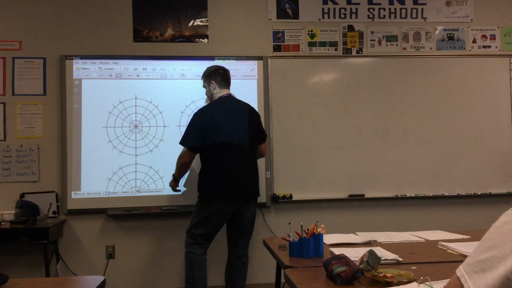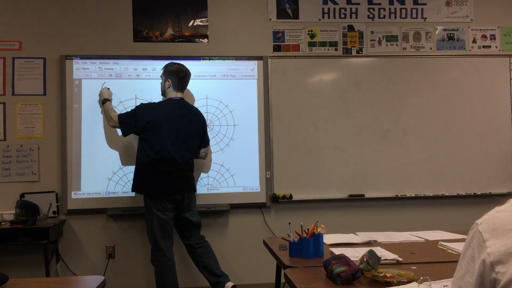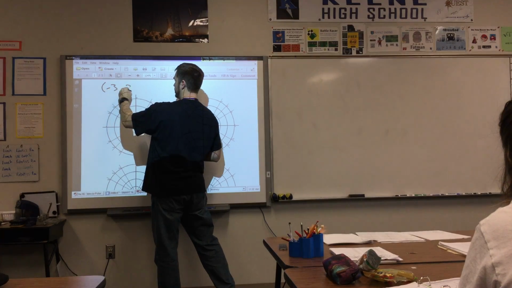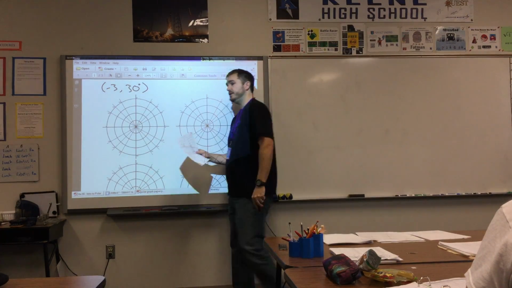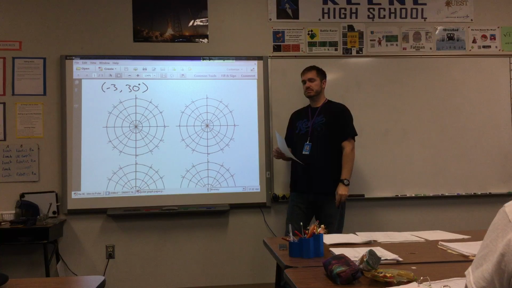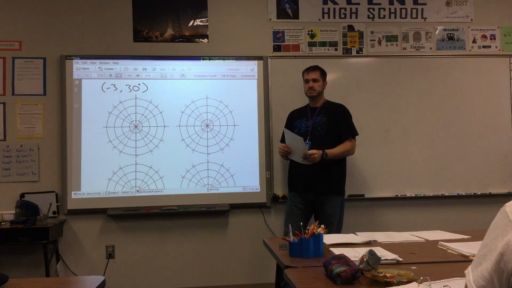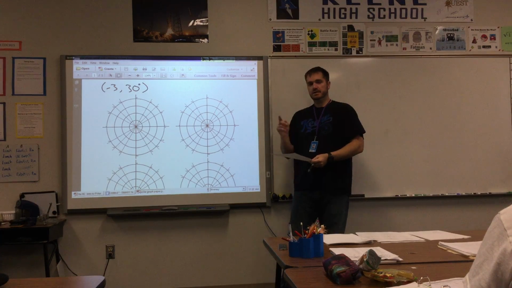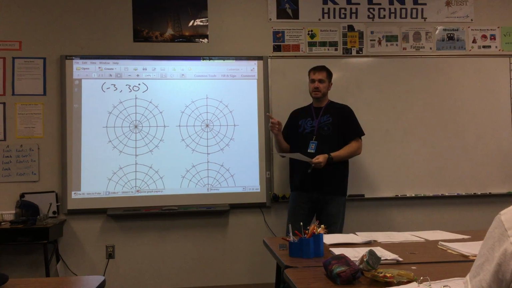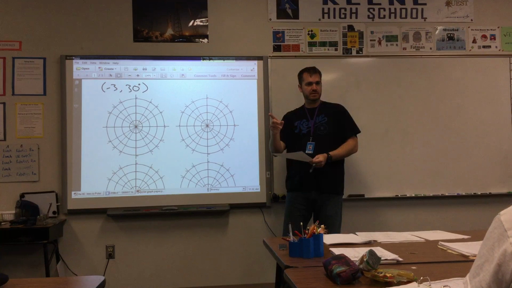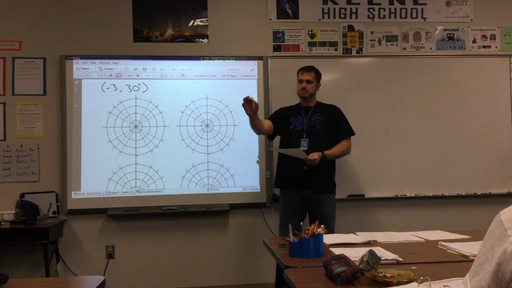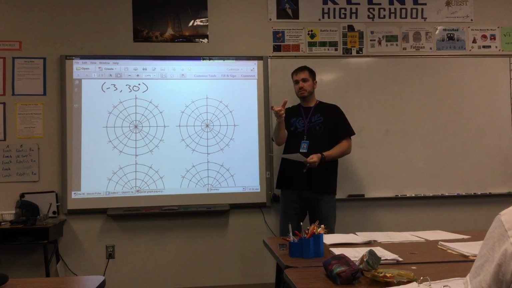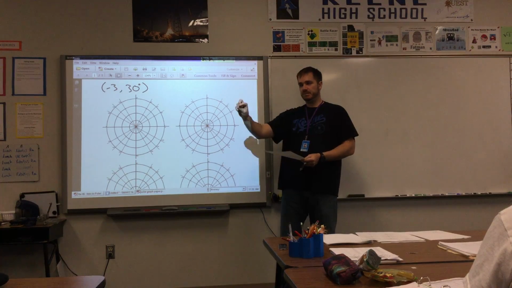Okay, let me test your knowledge here then. What about this one? (Negative 3, 30 degrees). Remember what I said, if that magnitude is negative, it's still a distance of 3 from the pole, but in the opposite direction.